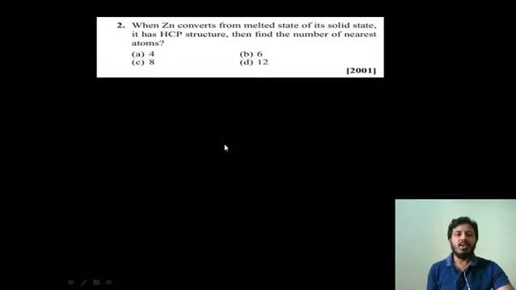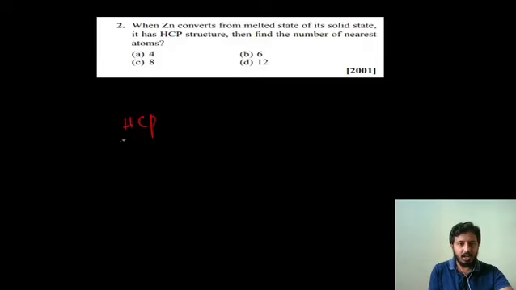When zinc converts from its melted state to its solid state, it has an HCP structure. Then find the number of nearest atoms. So in this, they have already given the type of lattice, HCP.